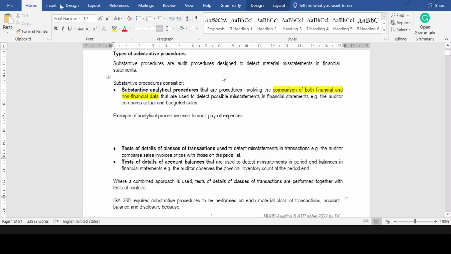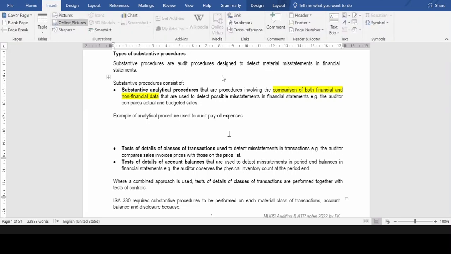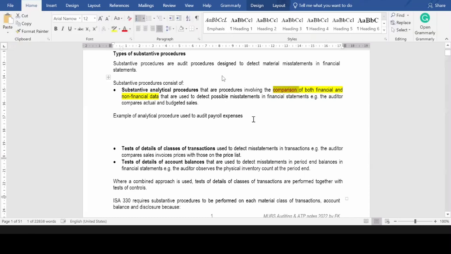So how do you do it? You compare. I've told you it's a comparison. You're comparing information to find out whether there is any significant variations or not.